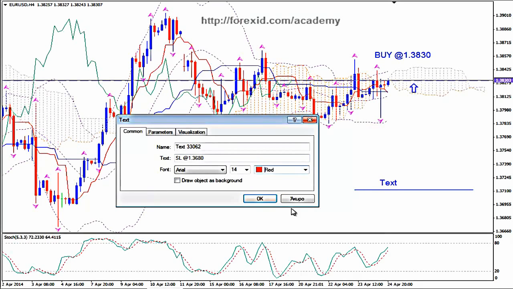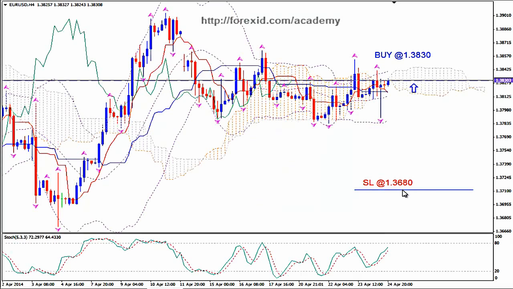I'm putting it here. So if you are conservative, you can put your stop loss 30 pips below these down fractals here, since we are having a horizontal Kumo, and you will be safe and conservative, and you will avoid big losses in case price reverses.